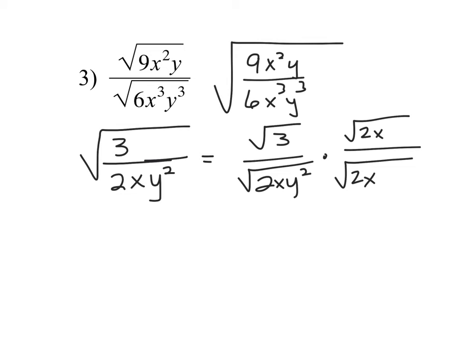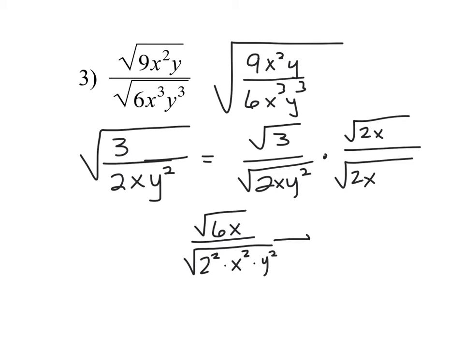So on the top, I get the square root of 3 times the square root of 2x. So that's the square root of 6x on the top. On the bottom, I get the square root of 2 squared times x squared times y squared, because there are 2 2's, there are 2 x's, and there are 2 y's.